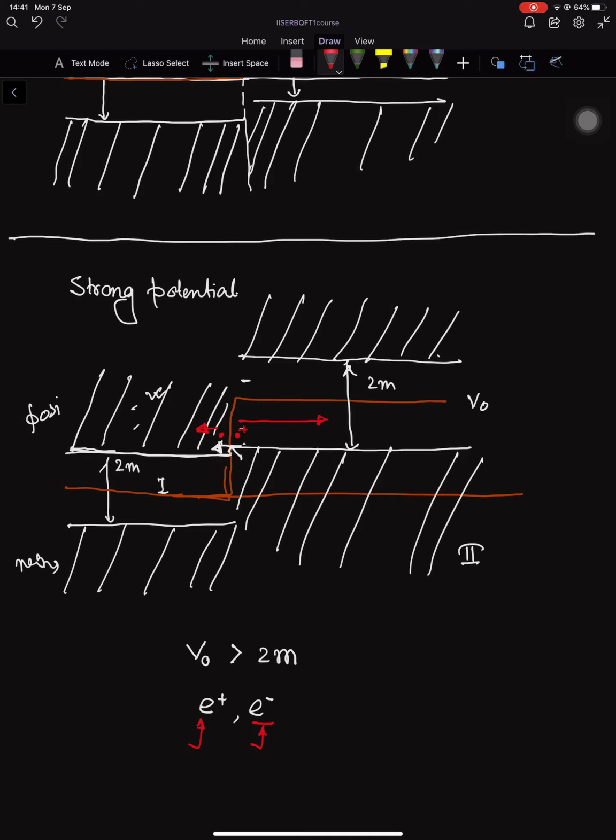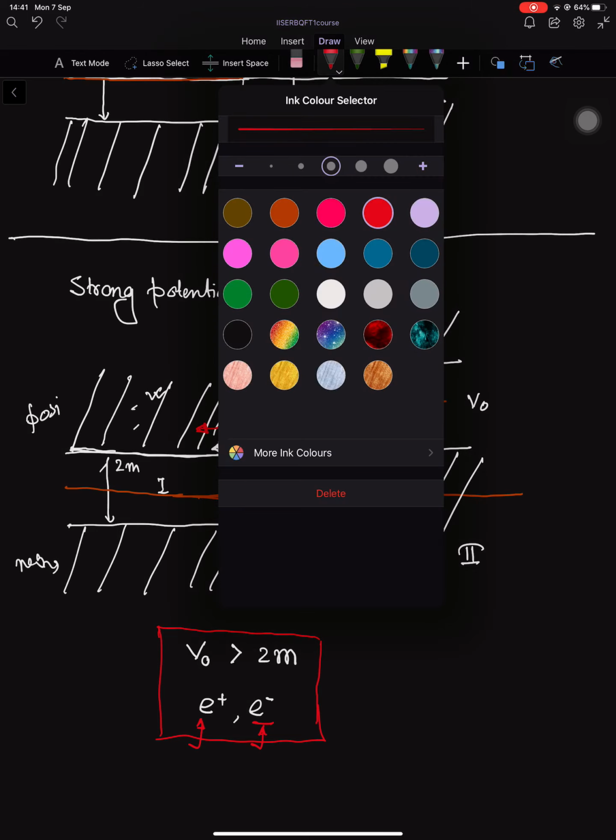The particle creation happens from this potential, and that's why the reflected wave is more than the incident wave. And for the same reason the transmitted wave is negative, because the transmitted wave consists of antiparticles, so it has opposite charge. So this is the main reason behind the Klein paradox, why the reflected wave is greater than 1 and why the transmitted wave is negative. This is the basic philosophy.